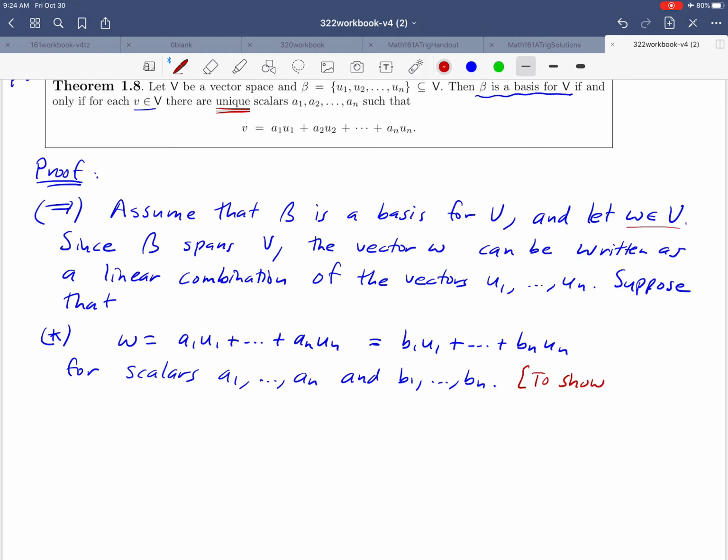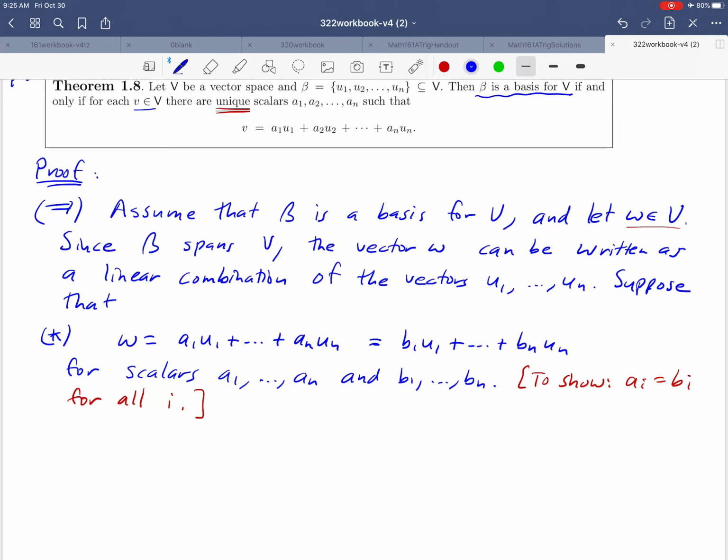So we'd like to show that ai equals bi for all i. If we can do that, we've demonstrated that there really is only one way to write this w as a linear combination of our vectors in beta.